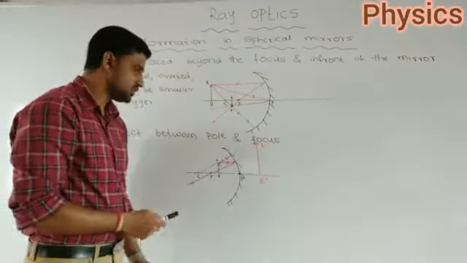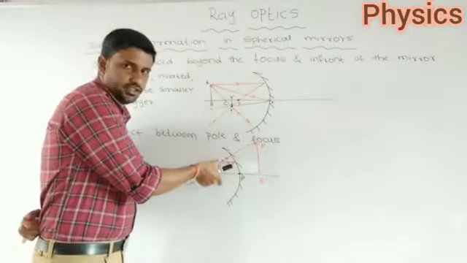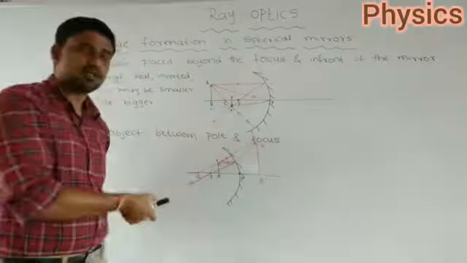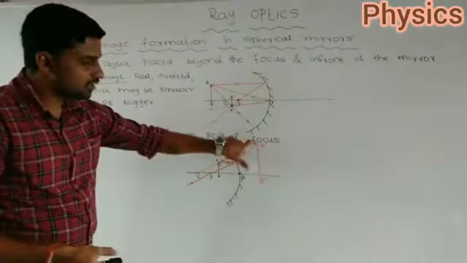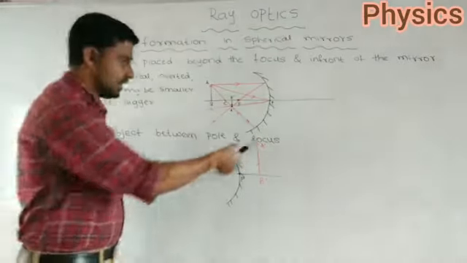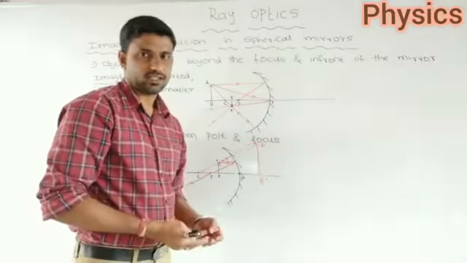Now let us see. Here, I am incidenting a ray of light from a smaller object, and because of reflection I am getting the image. That image, if you observe, is larger in size, so I can call it a magnified size.